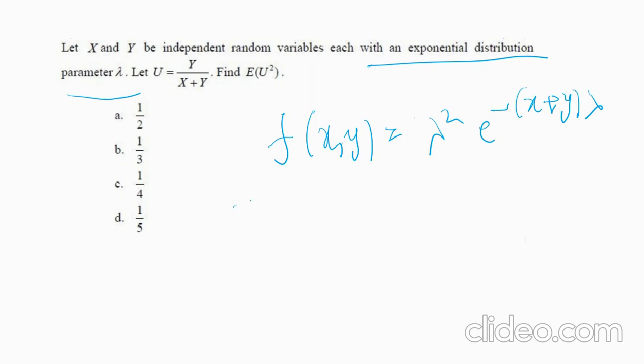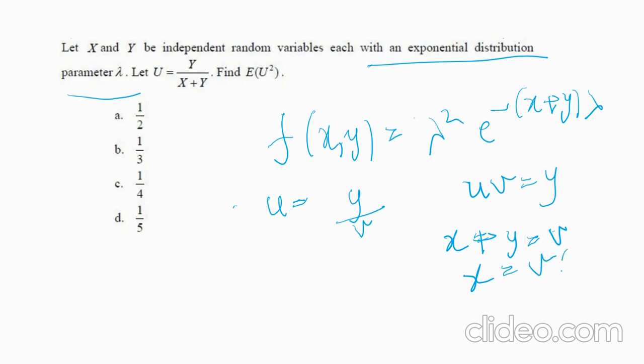Now for the Jacobian, we can write u is equal to x upon x plus y, and v is equal to x plus y. So y is equal to uv, and x is equal to v(1 minus u), right? To find the Jacobian, x is v(1 minus u).